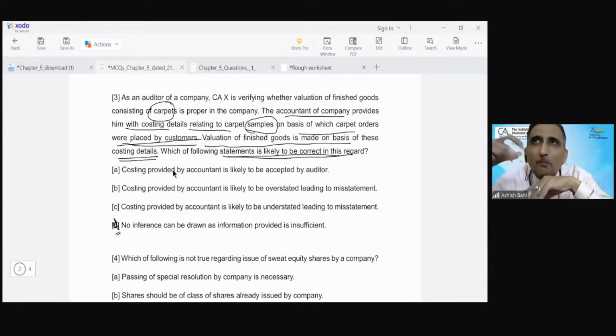When you make a sample of a product, would it involve higher cost or lower cost, or the exact cost on which routine products would be manufactured? First, try to answer this part.